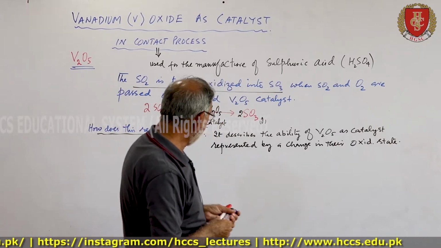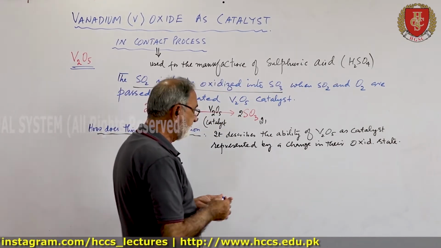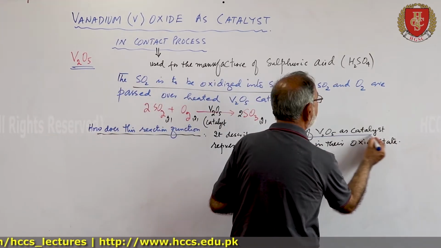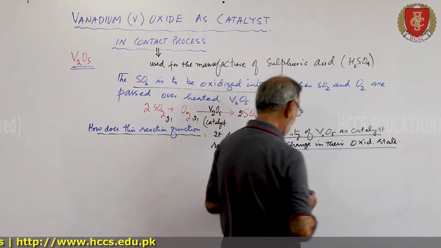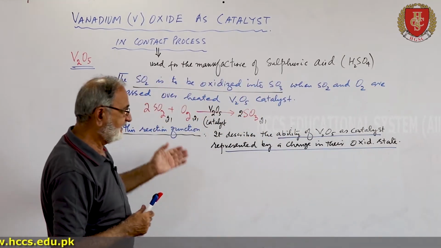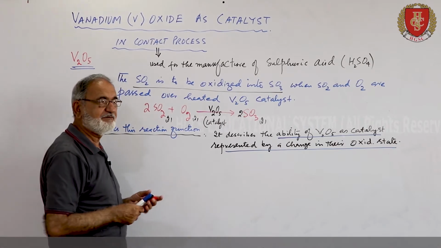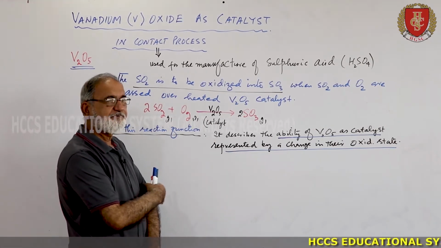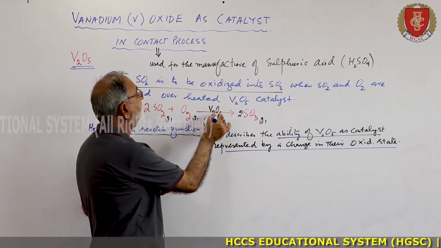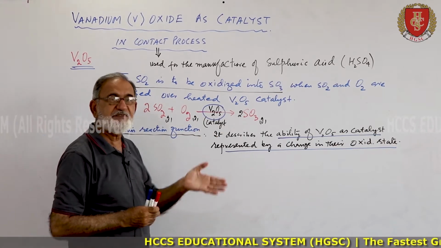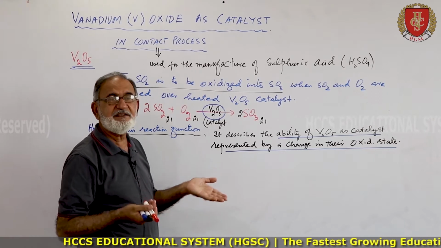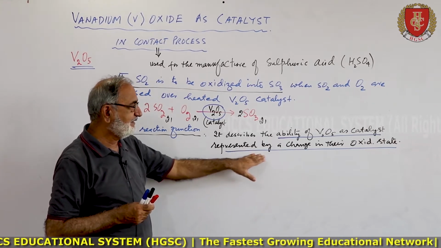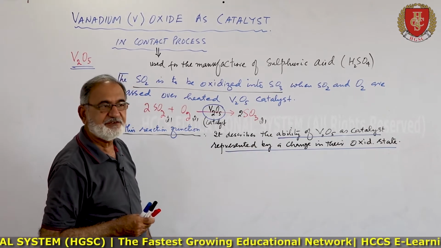The vanadium pentoxide, which is used as a catalyst, shows the ability, like some transition metal compounds. In this case, the vanadium pentoxide is used as a catalyst. So this describes its ability, and this ability is represented by the change in its oxidation state.